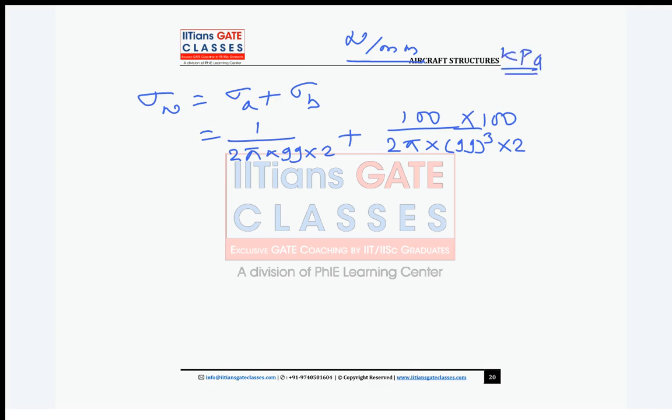Negative we will get. These both are negative. Sign is very important, guys. In the GATE exam, unless they say compressive stress, you have to put the sign. If they ask compressive stress or magnitude of stress, then only positive. Otherwise, if your stress is compressive, you have to put a minus sign. Is my point clear, guys?